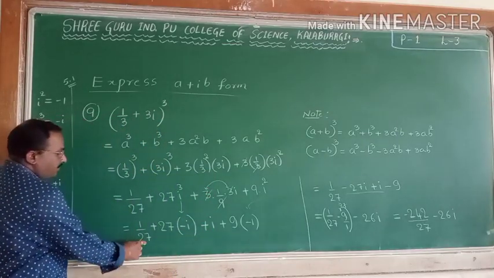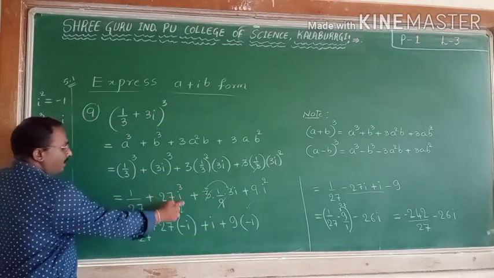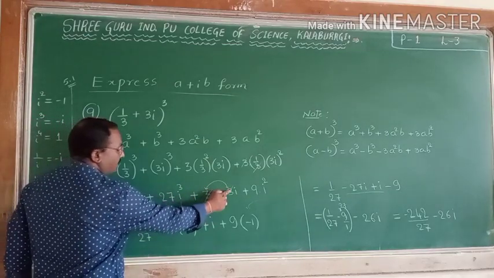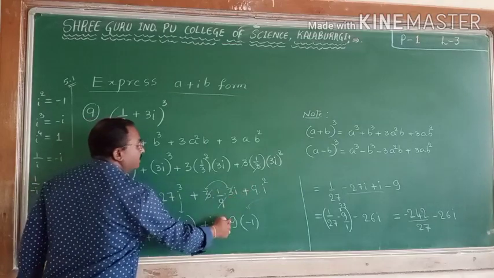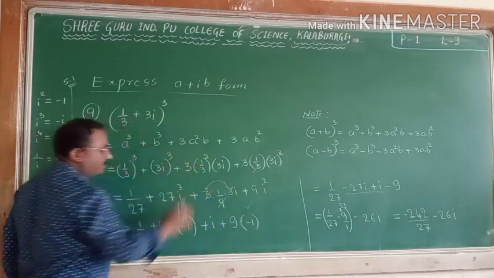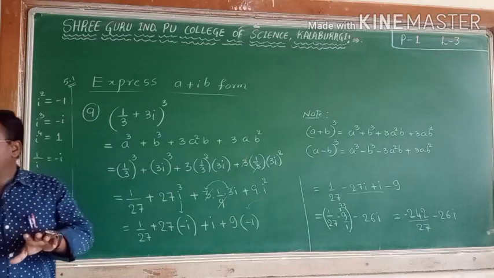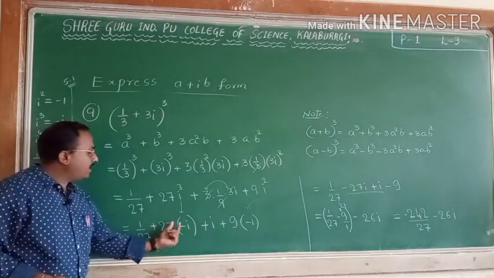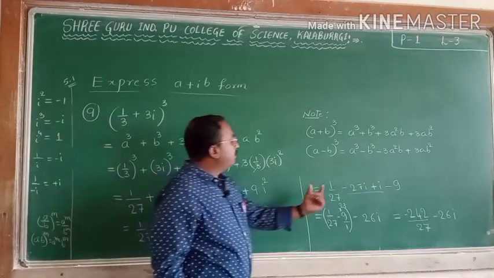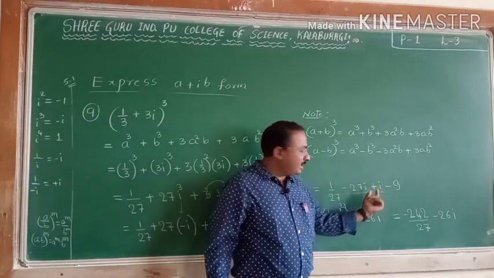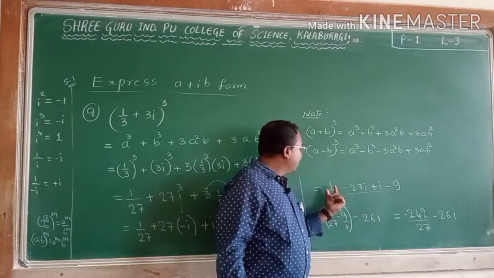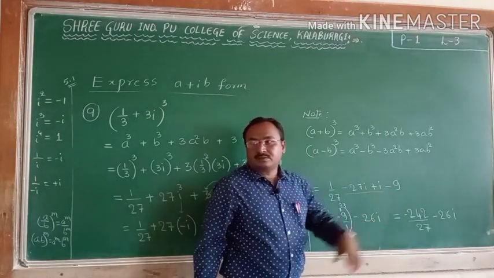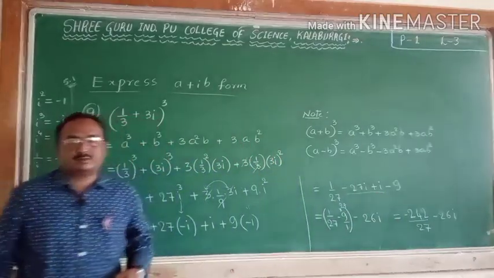Here 1 by 27 as it is, i cube value is minus i, 9 gets cancelled, i 9 as it is, i square value is minus 1. Separate real and imaginary parts: minus 27i plus 1i is minus 26i. Real part is there. Apply LCM, that is minus 242.